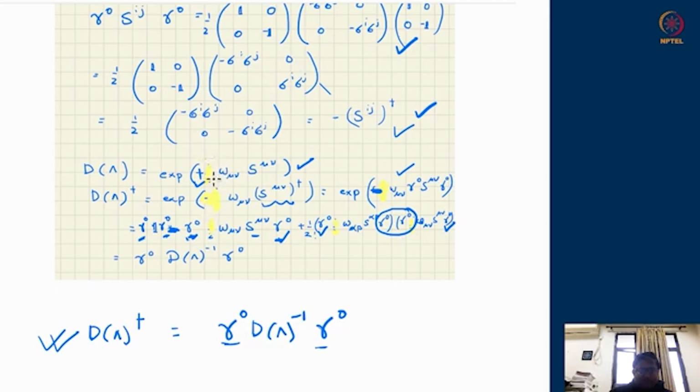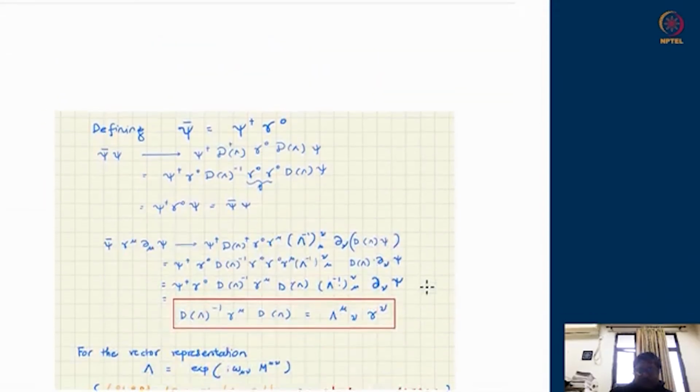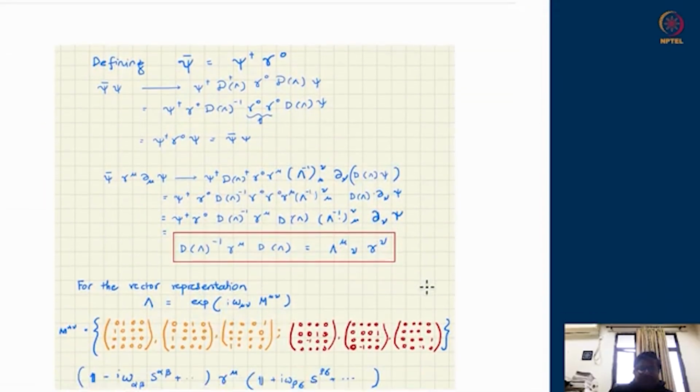So I have shown you without iota, but if you work with iota, you have to correct this and previous terms as well, and you will land upon this identity once more. So this is a well-defined, understood identity, that Lorentz transformations on a spinorial index, the dagger of that is not the inverse of itself, but a gamma naught squeezed version of the inverse. Why have we derived that?